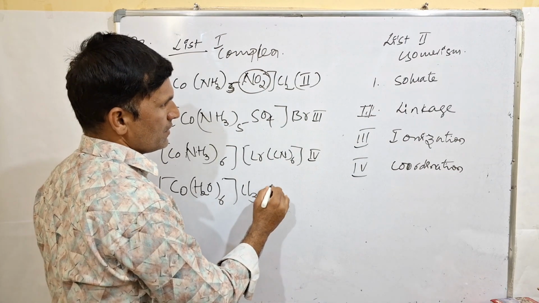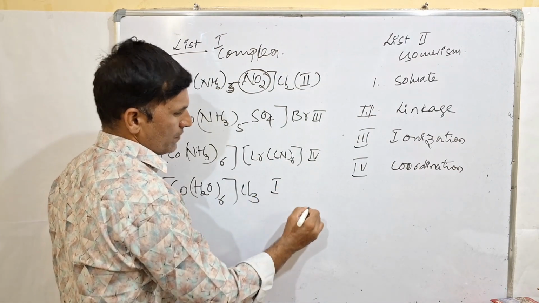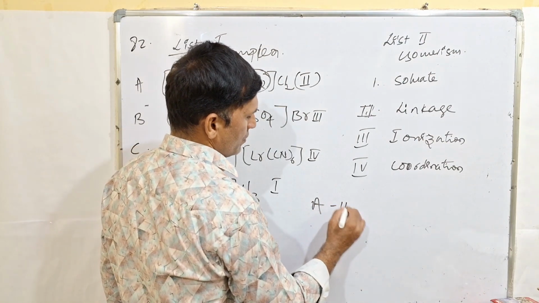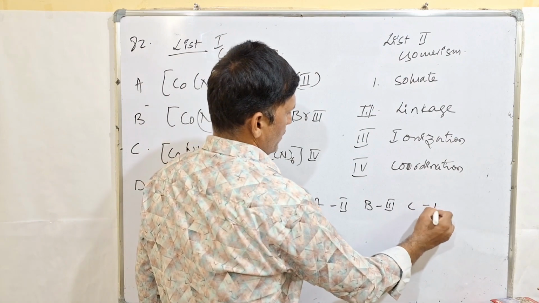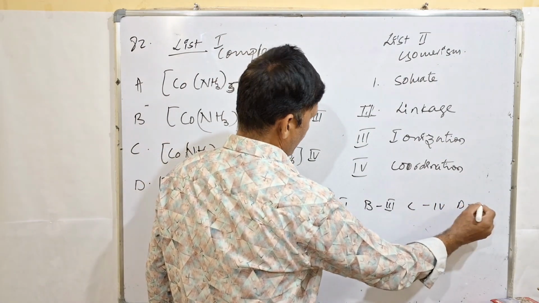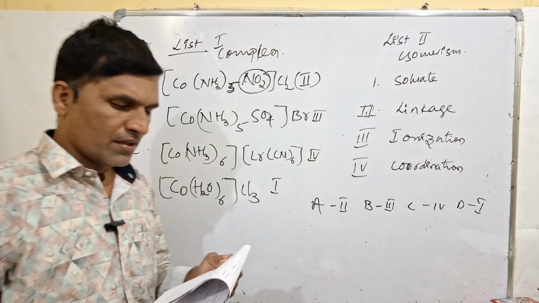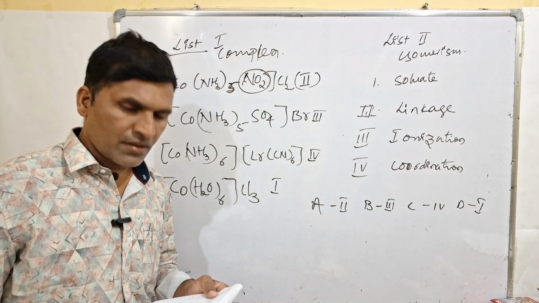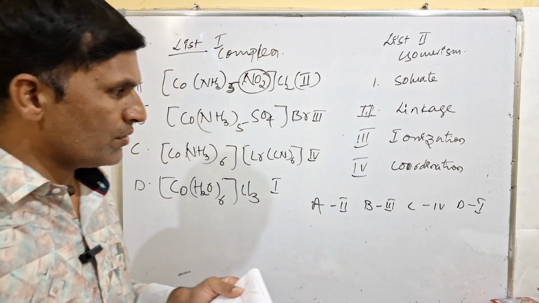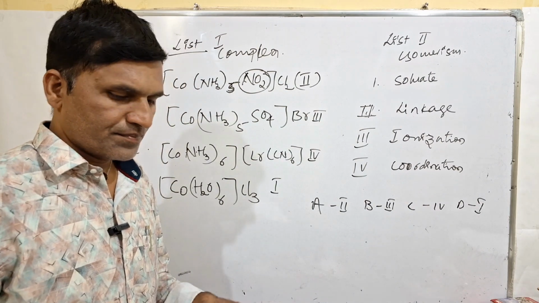And the last one is what we call solvate or hydrate isomerism. So therefore, A to 2, B to 3, C to 4, and D to 1. And the right option given in the question paper is the third option. A to 2, B to 3, C to 4, and D to 1.